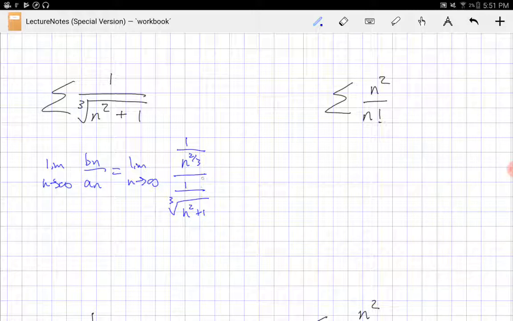And so, as we can see, as n goes to infinity, this limit goes to 1, which means this series has the same behavior as this series. This series we can see is a p-series where p is less than 1, which means the series diverges by limit comparison test.